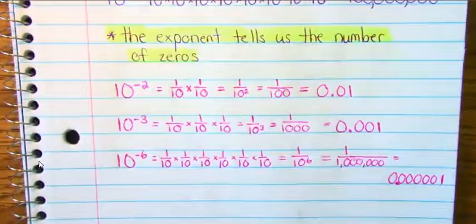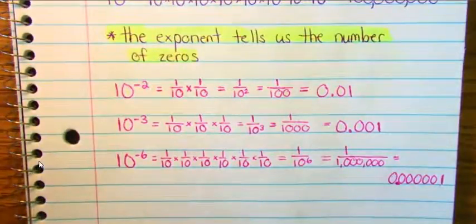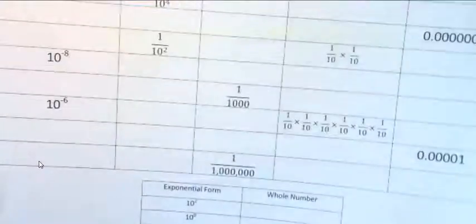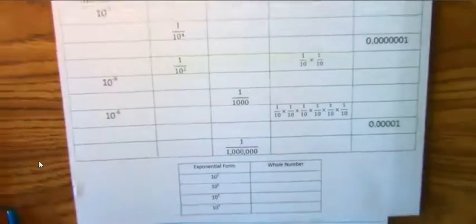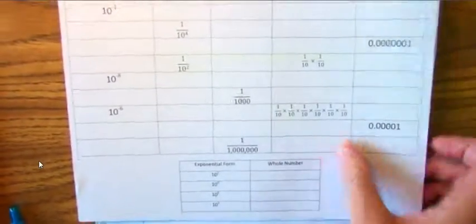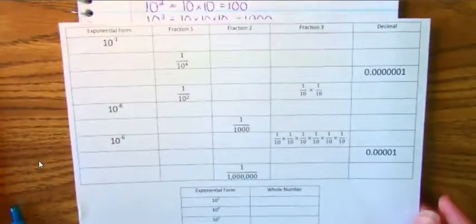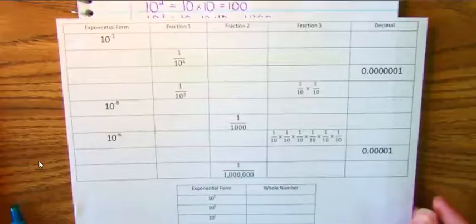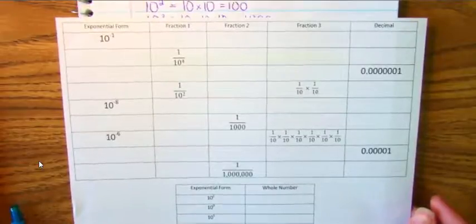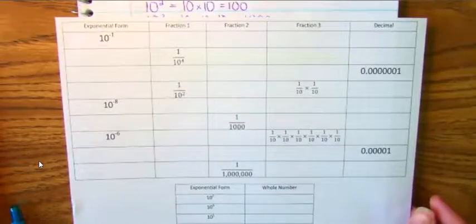What you need to have right now at your desk is you should have gone over to the crate and gotten you a chart from the Powers of 10 notes section. And the chart is going to look kind of like this. Not kind of, it should look exactly like this. And our job now is going to be to fill out this chart. I'm going to do maybe one row with you, but then you're going to do the rest of it by yourself. You can use your notes to help you.